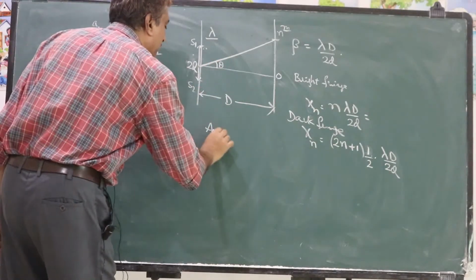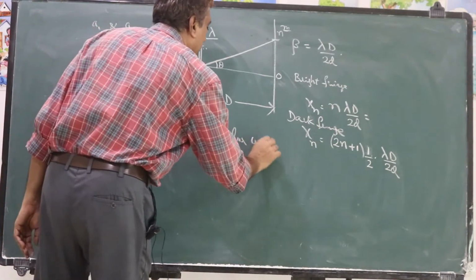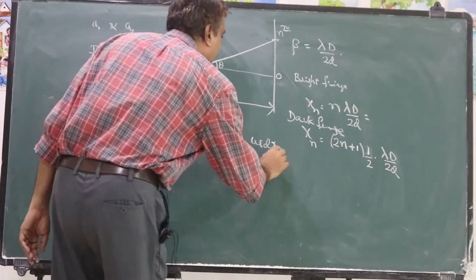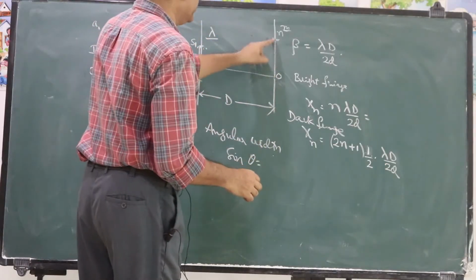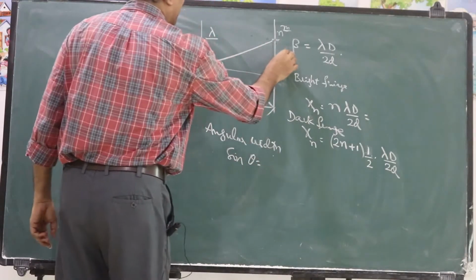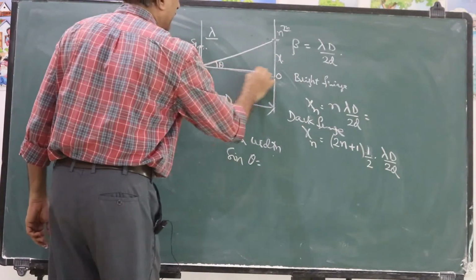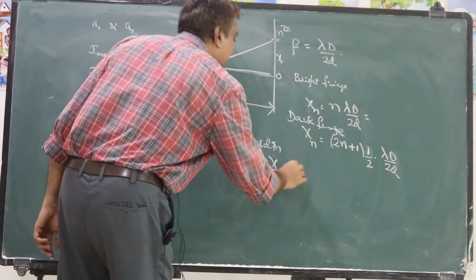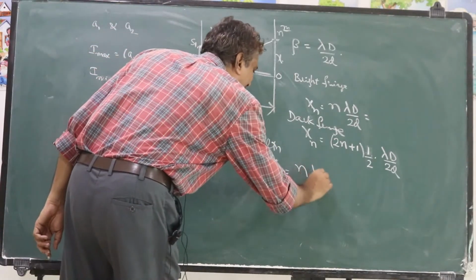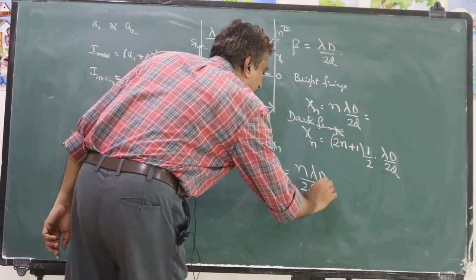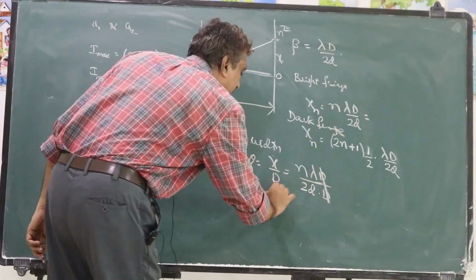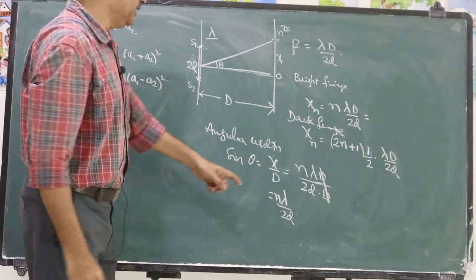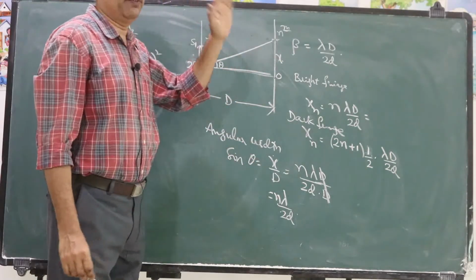So remember that angular width theta, sin theta is equal to, actually this condition for this is xn, so suppose this is x and this is D, then sin theta is equal to x by D, but x is equal to n lambda D by 2d, divided by D. This D will get cancelled, that is n lambda by 2d. So this is the angular width of this particular fringe from the central bright.